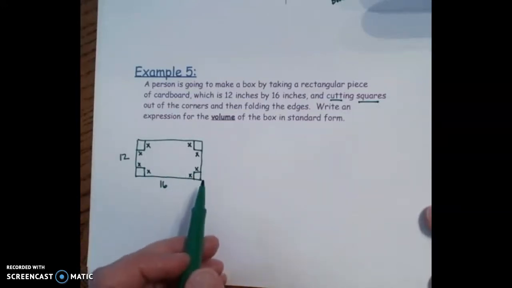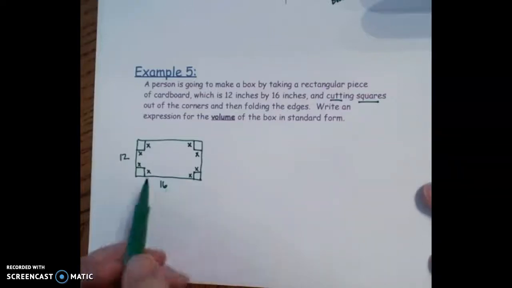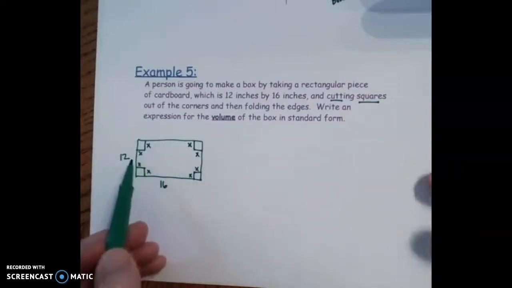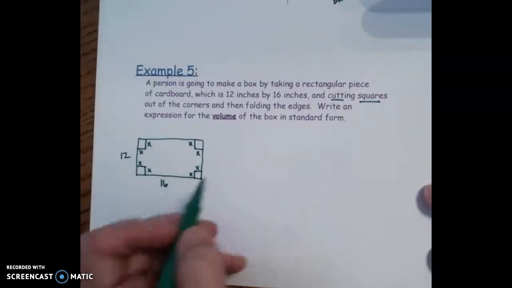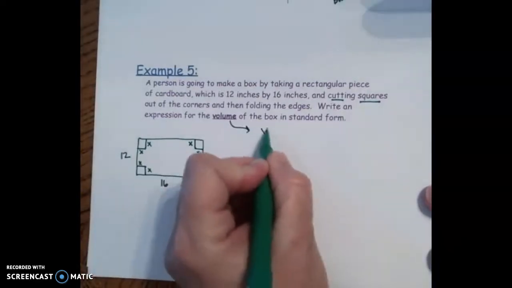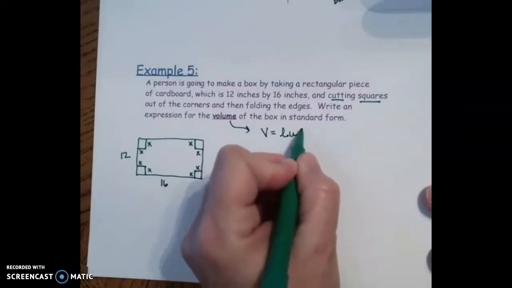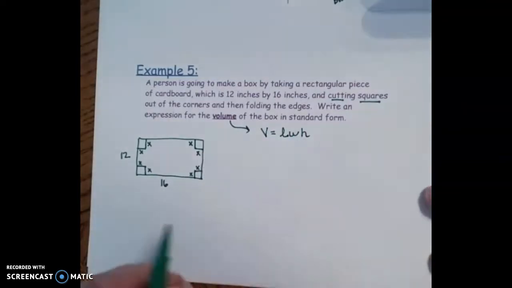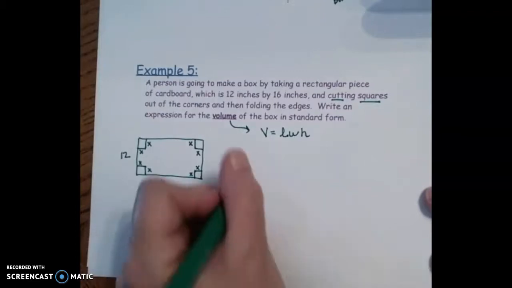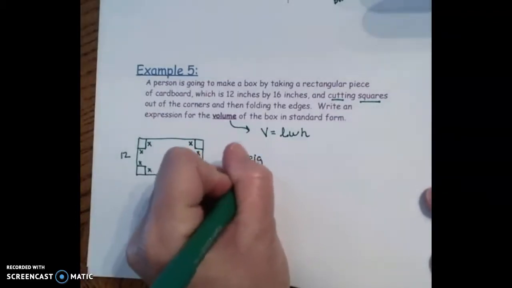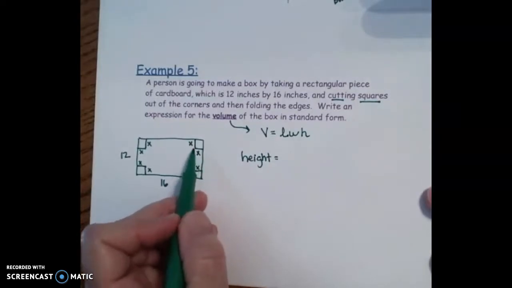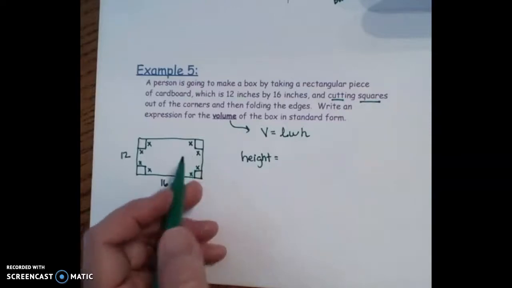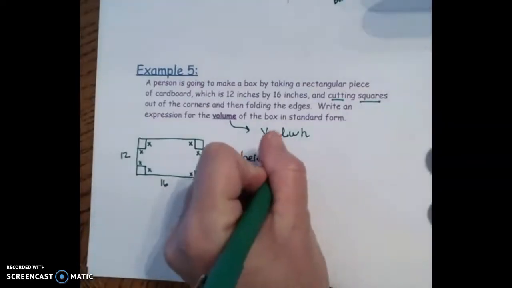And it says express the volume of the box in standard form. So once you cut those corners in and fold them down, you've now made this a 3-dimensional shape. So our volume formula for that is length times width times height. So let's see what we know. Our height is going to be the amount of the cut that you make for your 4 corners, because once you fold those in, you've then created the height of the box. So it's x.